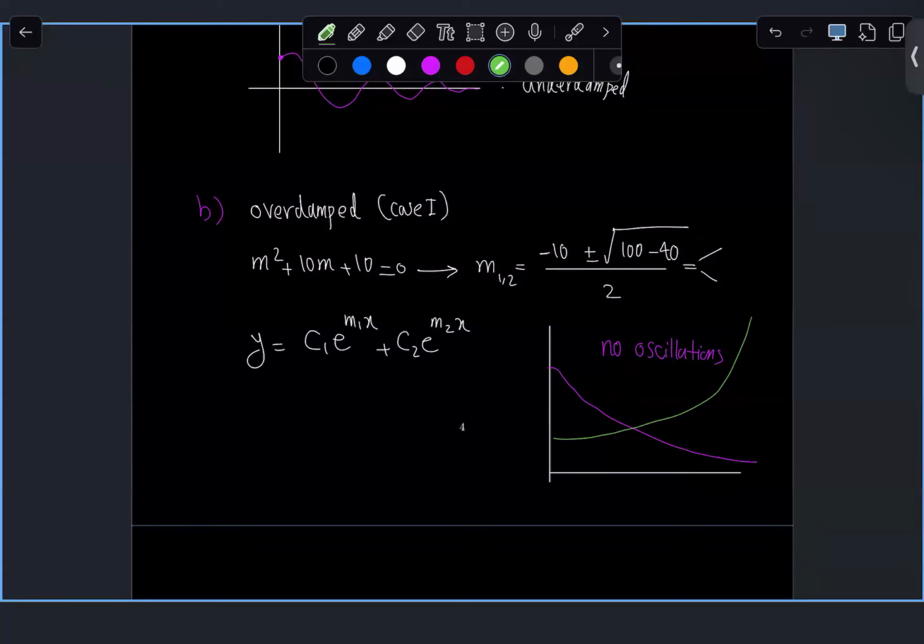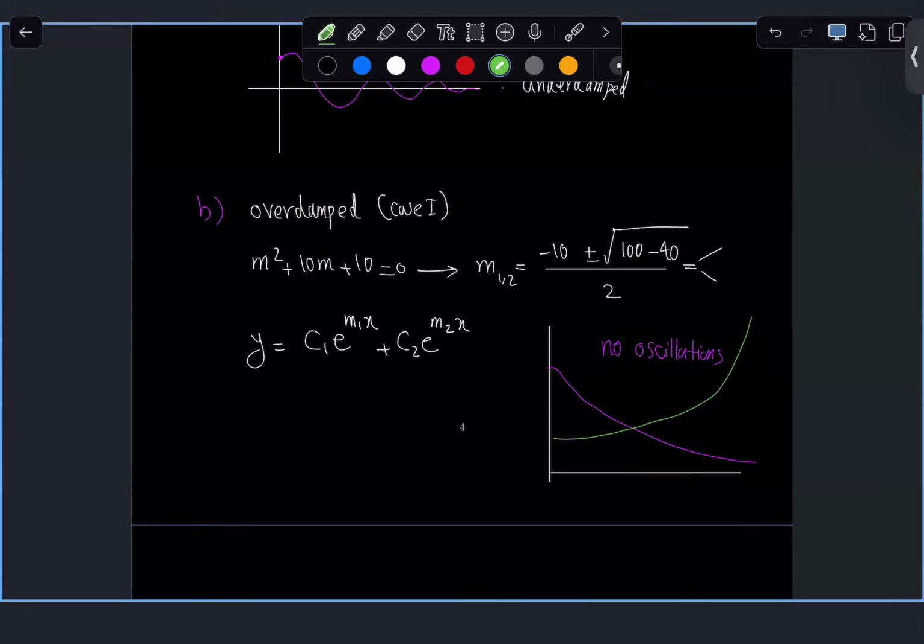Okay. So actually both roots are negative, right? Because this is 7 point something, it's less than 8. So yeah, both are going to be negative. So because of that, it's just going to decay.